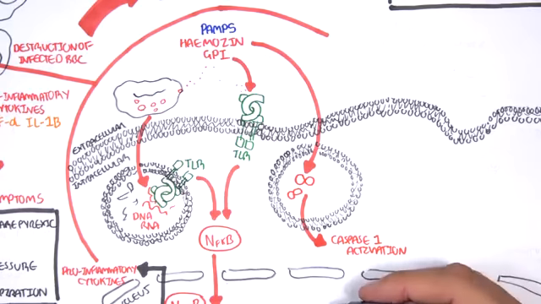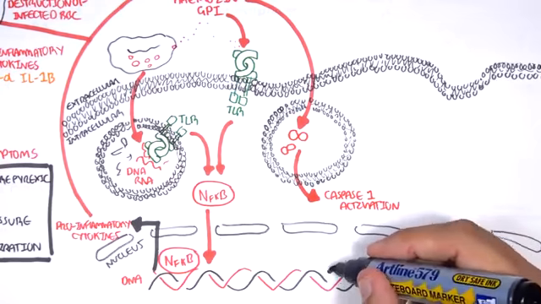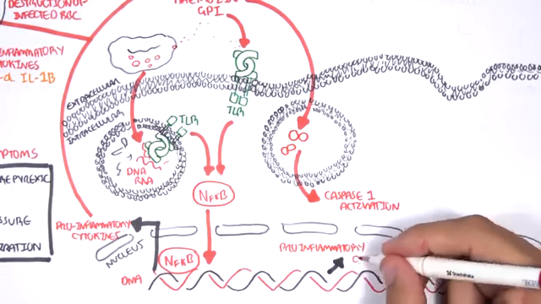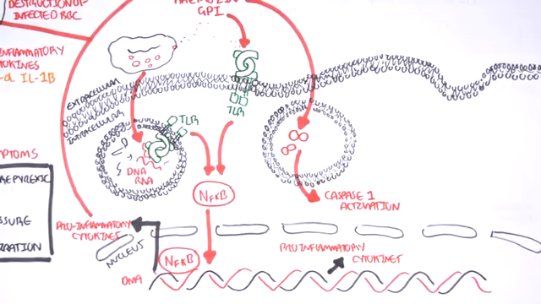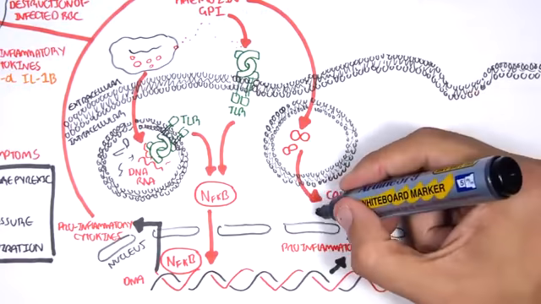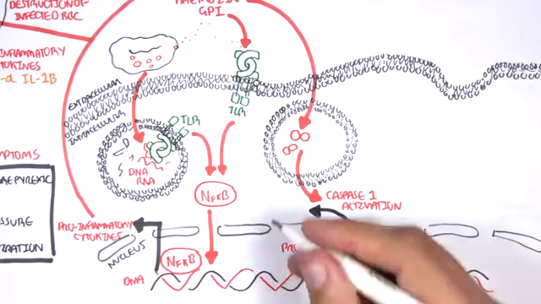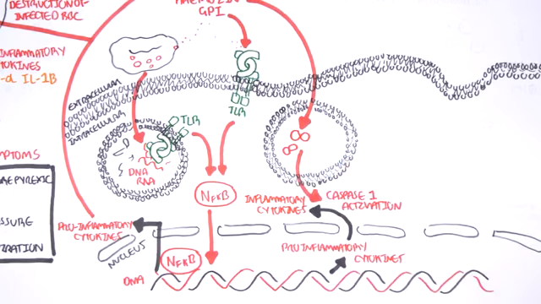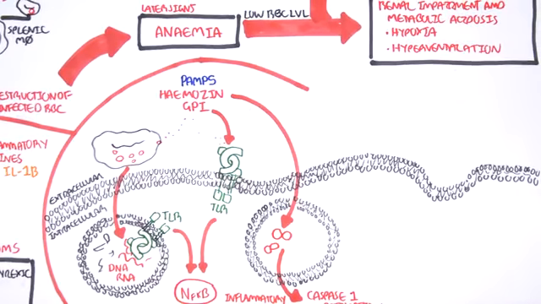Caspase-1 is a molecule complex responsible for activating the pro-inflammatory cytokines. So it will convert the pro-cytokines to active cytokines. I hope that makes sense. So it converts the pro-interleukin 1b to the active interleukin 1b. So that was talking about PAMPs.